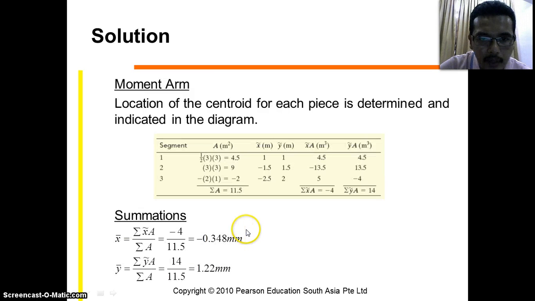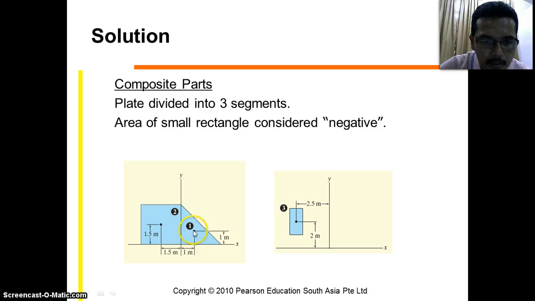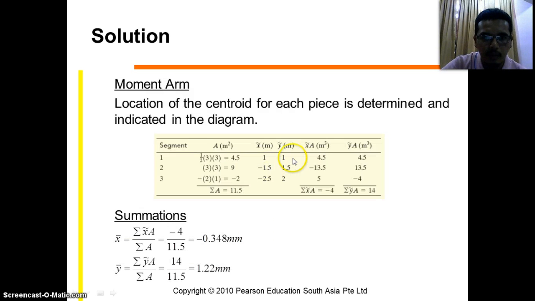You need to refer back to our formula. So that's why we get 1. This point is measured from the y-axis, which is 1 for x, and this point is measured from the x-axis, so we get 1 for y. Okay, this one is (1, 1).